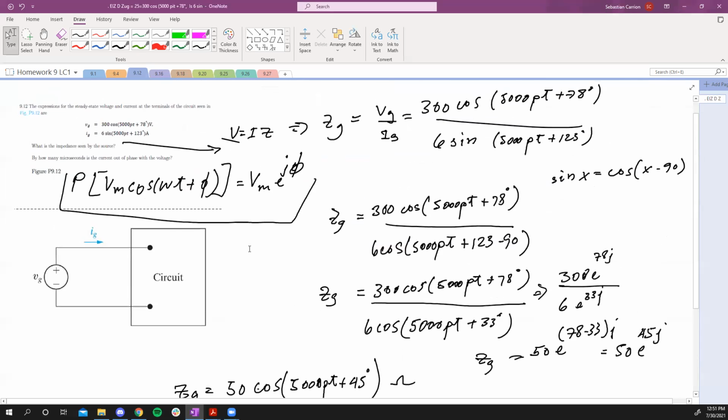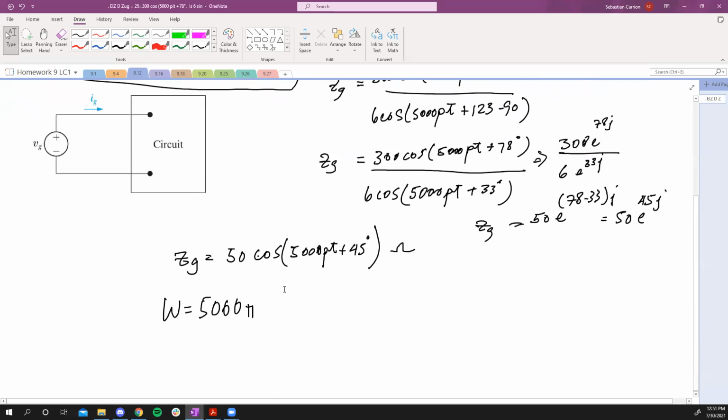So we know the angular frequency, so we know that T equals 1 over f, and that equals 2π over the angular frequency. So we can first solve for our frequency, and then we can solve for the period. And using our value for the period, we can find how much it lags by.